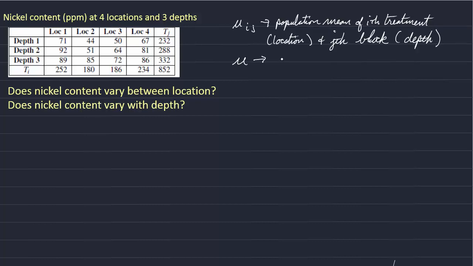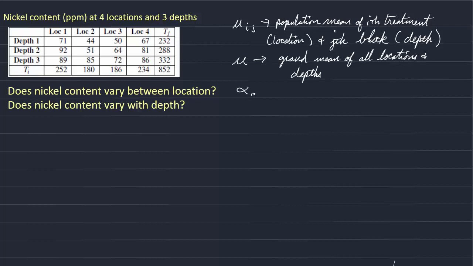Mu is the grand mean of all locations and depths. I should say all 4 locations and 3 depths.